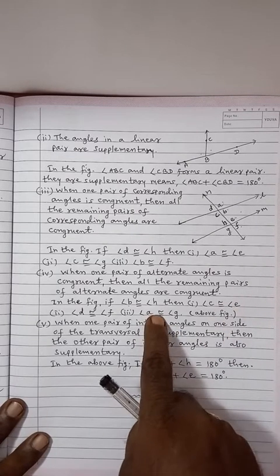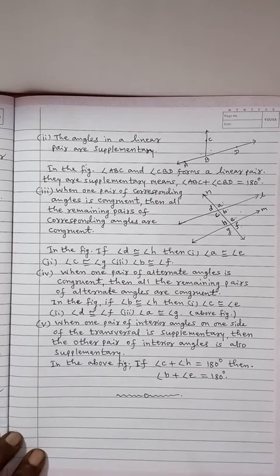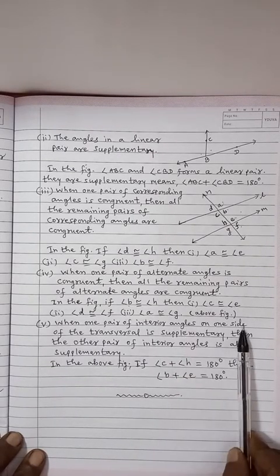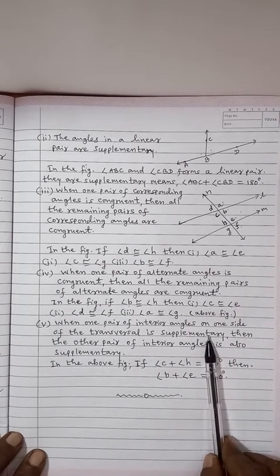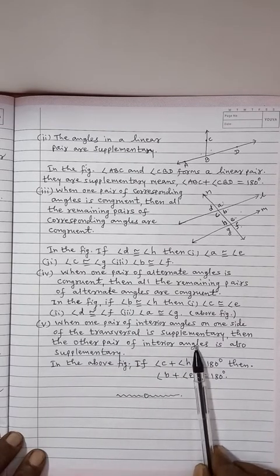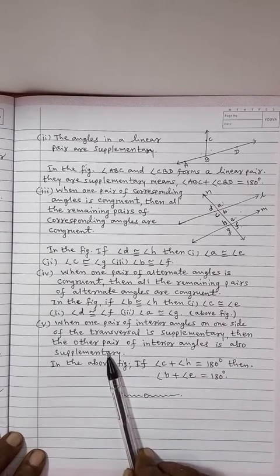Then the last property. When one pair of interior angles on one side of a transversal is supplementary, then the other pair of interior angles is also supplementary. Are you getting this?